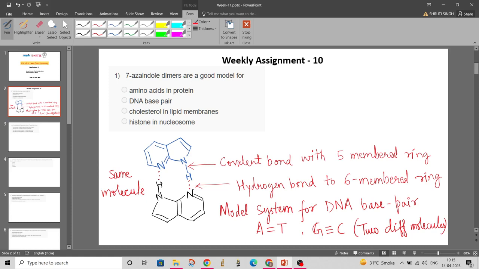So this is the thing, and here there is a C2 axis passing through the plane here.